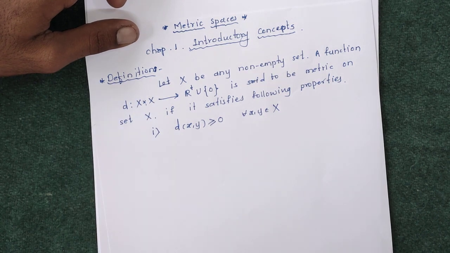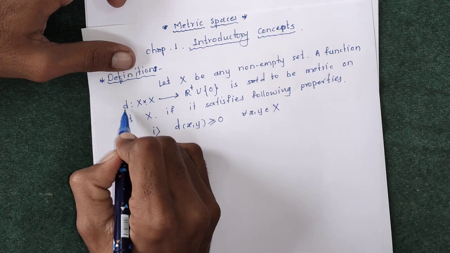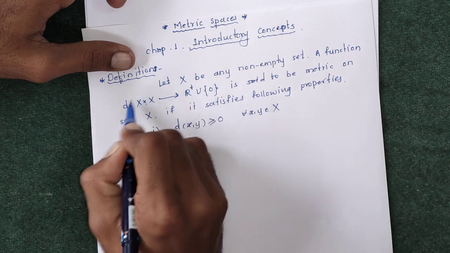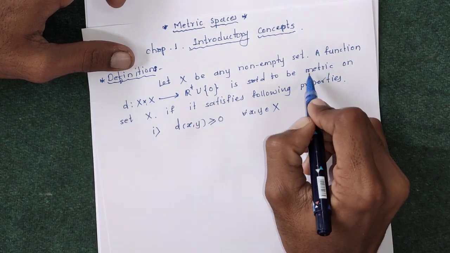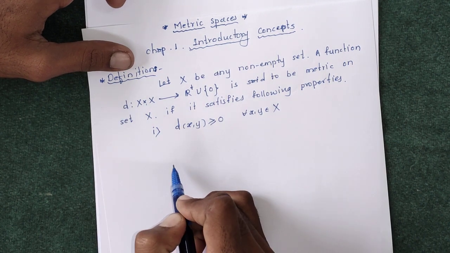Up to this first property we have seen that d from X cross X to R plus union singleton 0 is said to be a metric, not a metric space, whenever this function satisfies the following three properties.